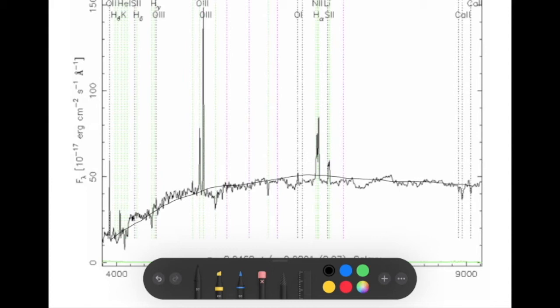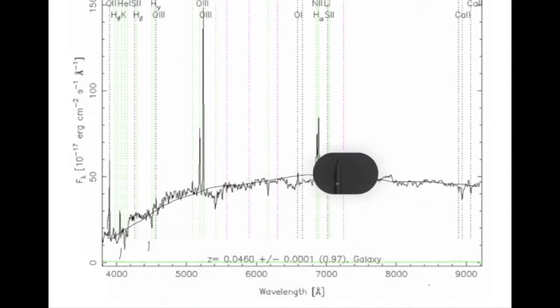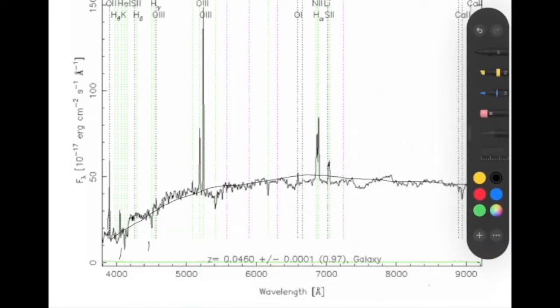That's a continuum, and on top of that you have these spectral lines, the lines marked by those vertical lines. You note down the wavelength, which is on the x-axis, for all of these lines.